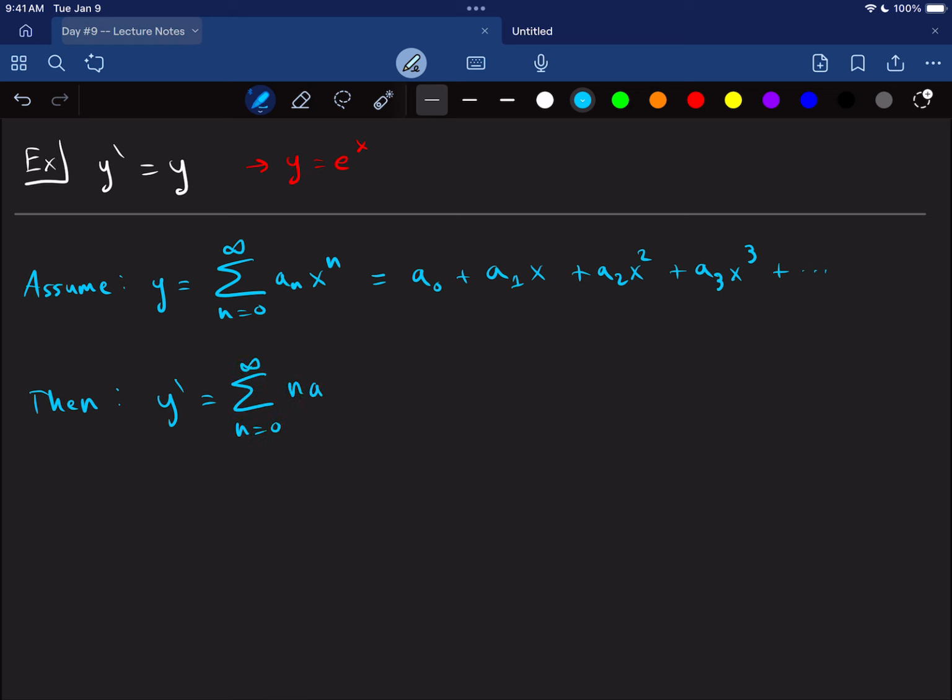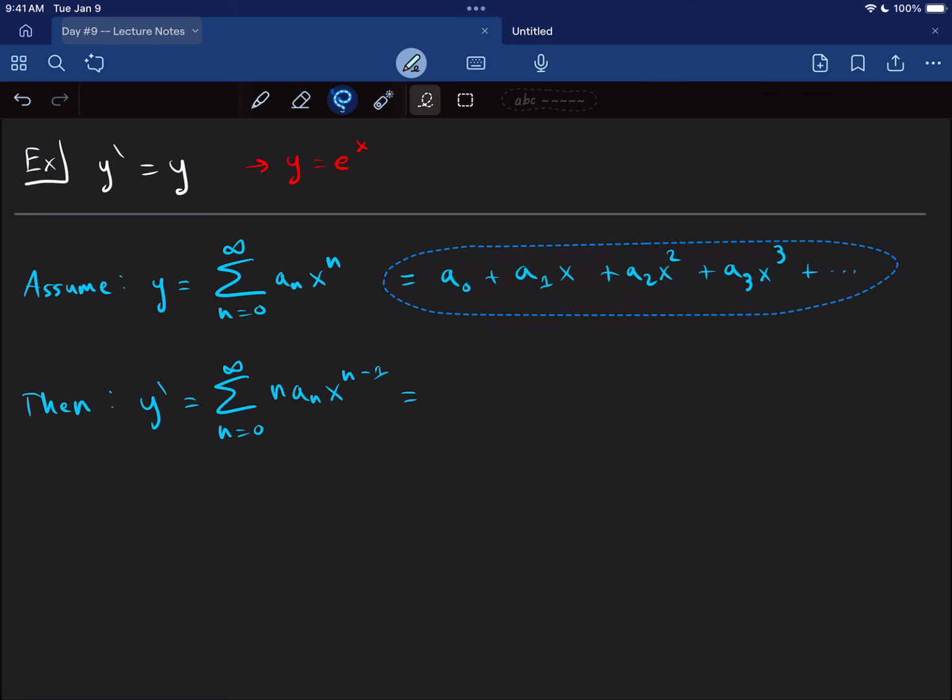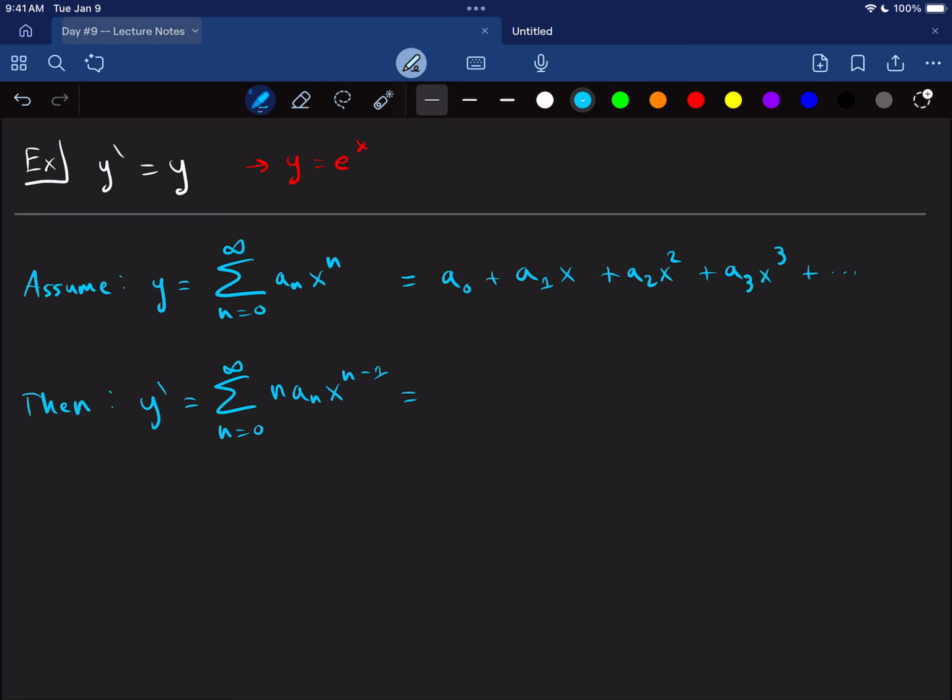Now, you don't always have to do this in series form. You could totally just look at it written out term by term and just say, oh, look, it's a1 plus 2a2x plus 3a3 x squared, and so on and so forth. But sometimes it is nice to do this in series notation.